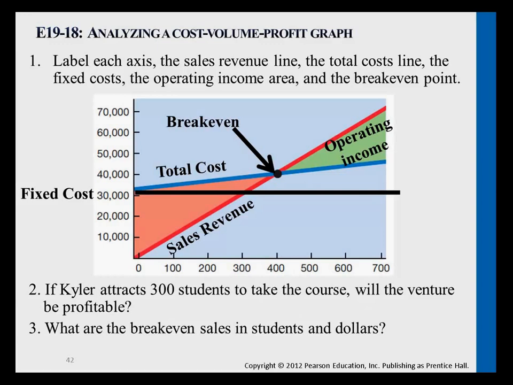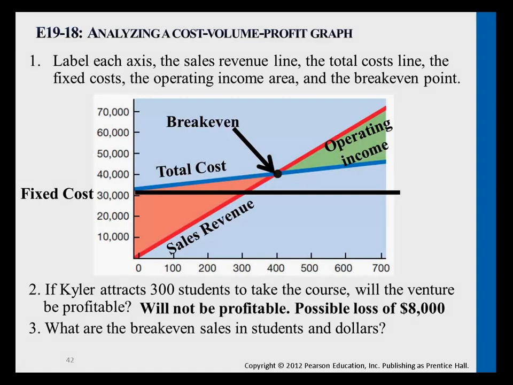Good job. Okay, so if Kyler attracts 300 students to take the course, is it going to be profitable? 300 students. It's going to go up. Uh-oh. All right. Okay, and it's even a possible loss.